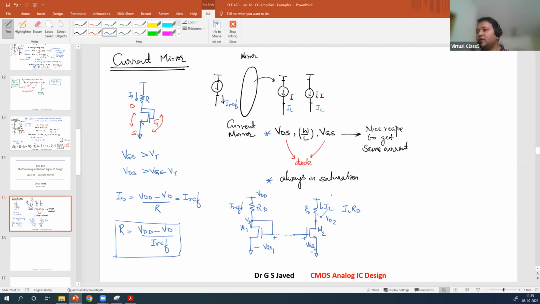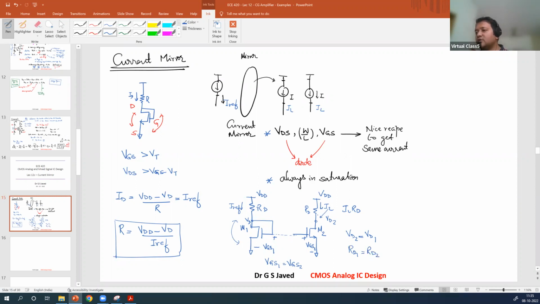Now, VGS1 is equal to VGS2 when you short this. Once you do this, the VDS is fixed here, so the expectation is VD2 should be equal to VD1. To make this equal to VD1, you do RD1 equal to RD2.